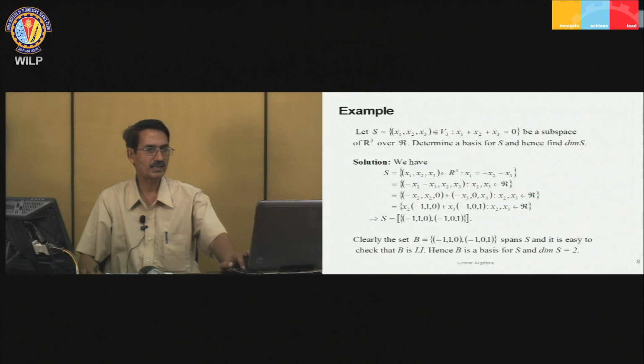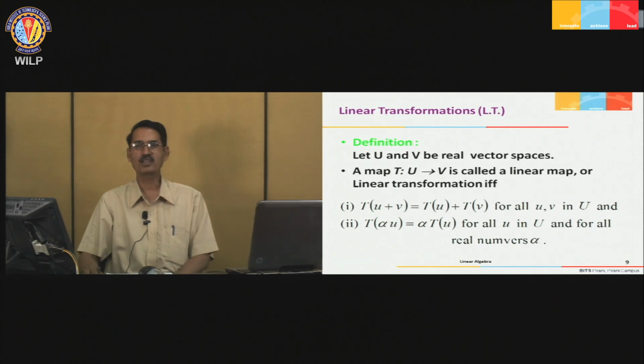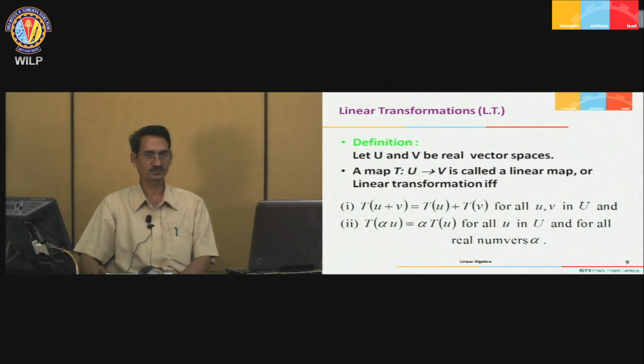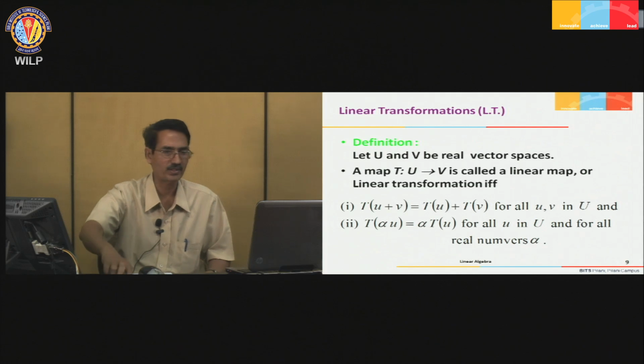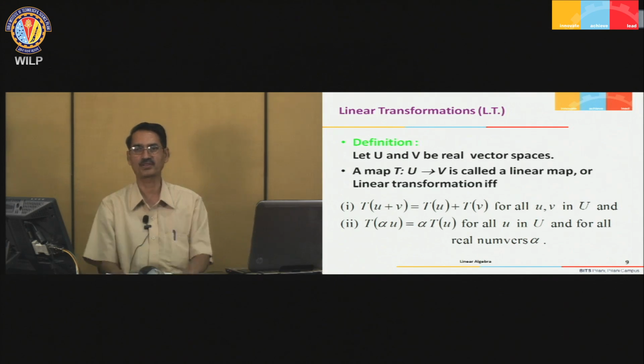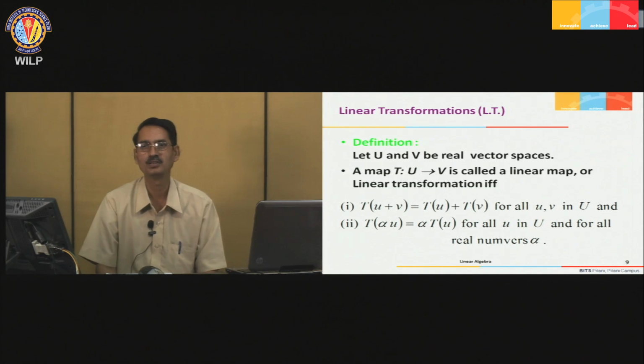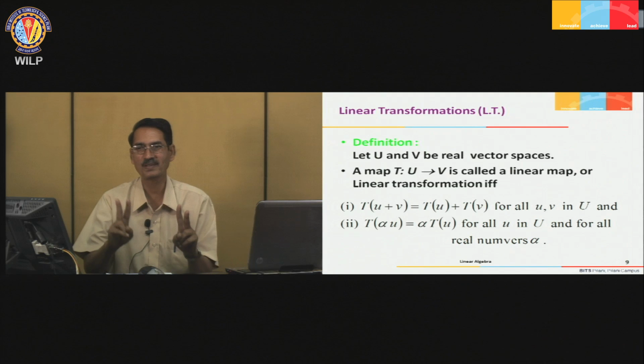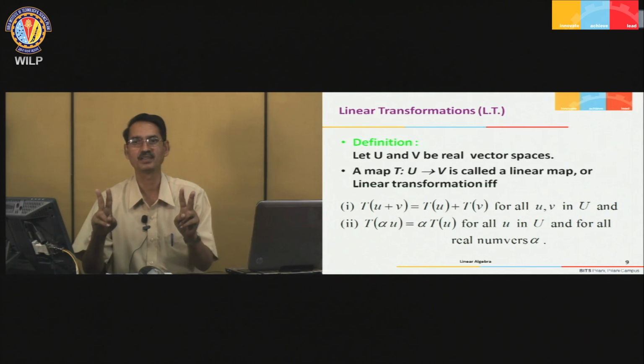Now, I shall start a different topic, what is called linear transformation. Here we will have two vector spaces and a mapping. Two vector spaces, but over the same field. What is the meaning?